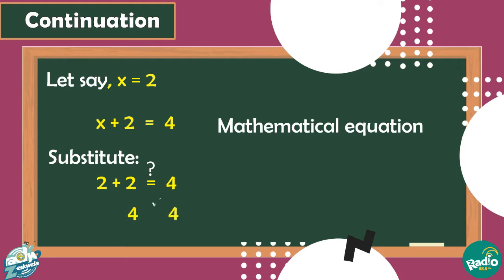By simplifying, we get 4 = 4. Is it true or false? Great! 4 = 4. Therefore, we can say that the value x = 2 satisfies the equation x + 2 = 4.